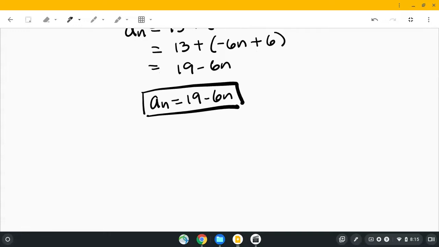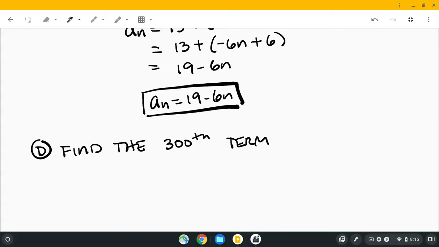Okay, and then letter D, go ahead and find the 300th term. Hopefully you're not going to sit there all night long finding the 7th term, the 8th term, the 9th term, the 10th term, etc., all the way till the 300th.